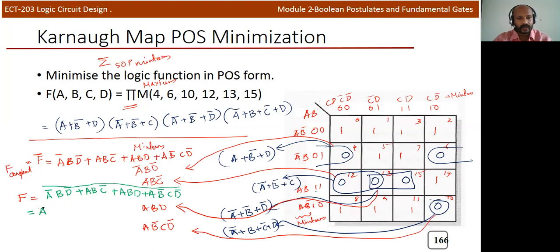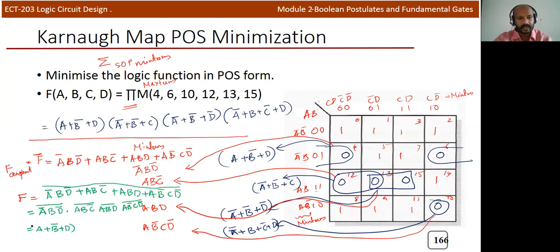So when you apply it, A bar B D bar complement, then A B C bar complement, next term is A B D the whole complement, and finally A B bar C D bar the whole complement. And after this expansion, again you apply De Morgan's theorem, so it becomes A plus B bar plus D.